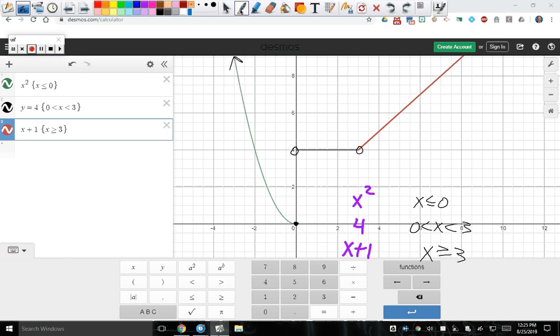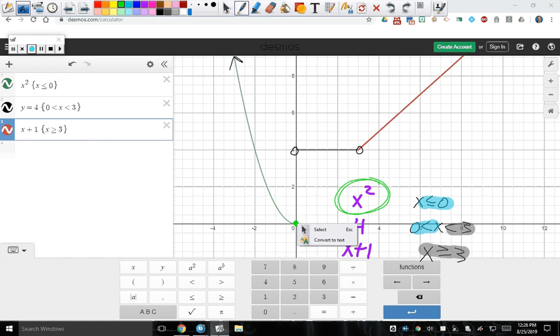Again, you need to understand what's happening at 3. You need to understand what's happening at 0. And then you have to see, let's say in this case, the x squared was the green graph. You have to see that it is equal to 0 on the green graph, so it would be colored in.